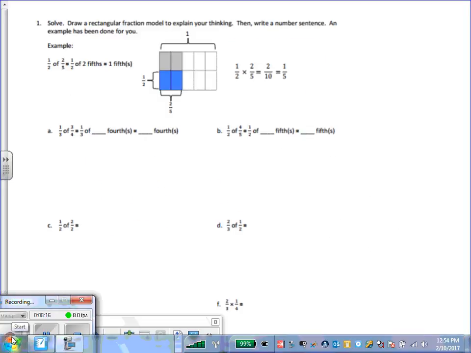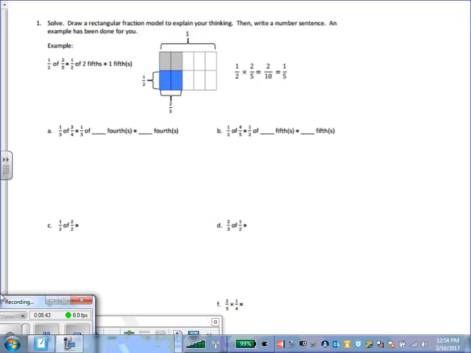So, on your problem set that you have not received, hold on. This problem that's right here, this is the problem that's already done, on the top of the problem set. It says to draw a rectangular fraction model.